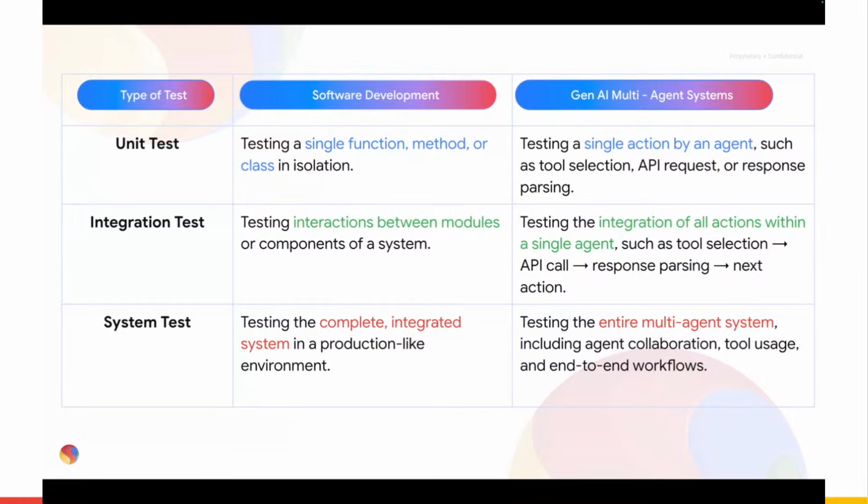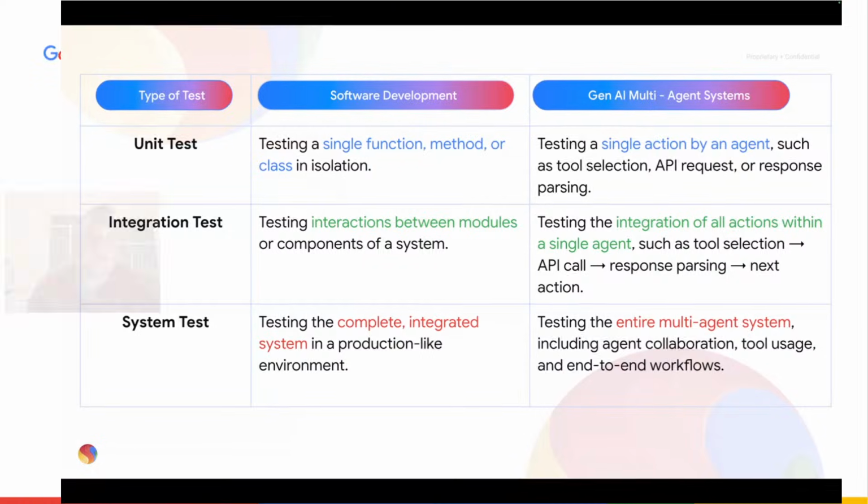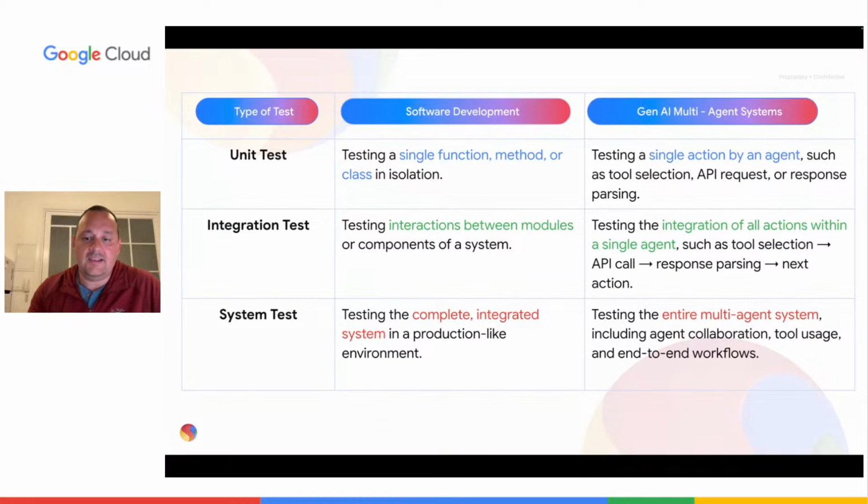Integration testing would be taking one of these agents in isolation and checking all the actions that a single agent does, such as tool selection, API calls, response parsing, and selecting the next action. And the unit test here would be a single action by an agent, such as tool selection, but tool selection is only one example. It can also be creating the API request, sending the API request, parsing the API response, and selecting the next action.